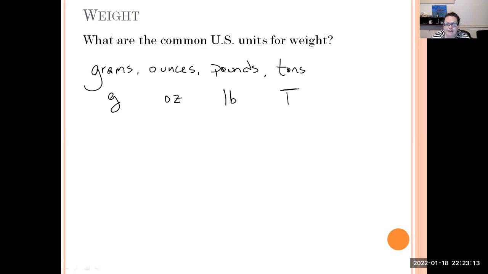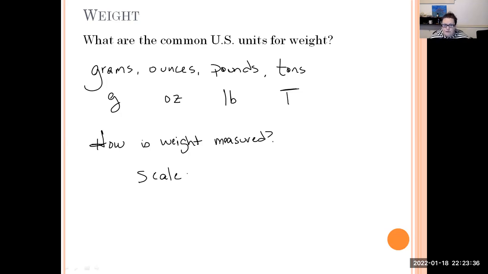The next question I asked you, even though it wasn't on the guide, is how is weight measured? So let's see if I can write this. How is weight measured? All right, well, we came up with scale. Weight is measured by scales.